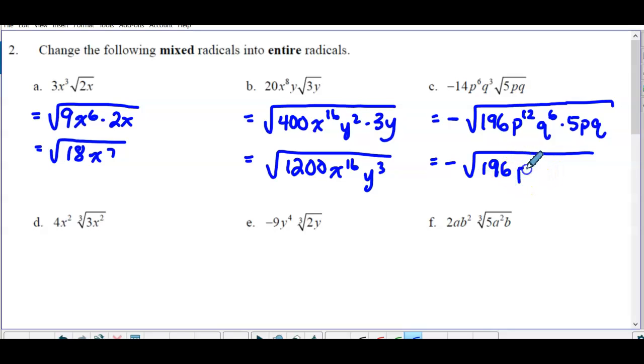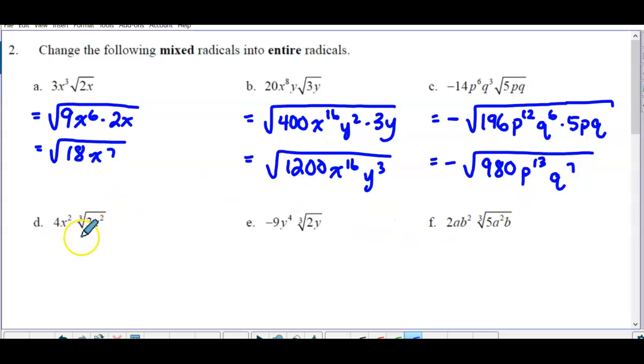And that'll be p to the 13. Oh, I got to multiply 196 by 5. Sorry about that. So that's 980 p to the 13 q to the 7.